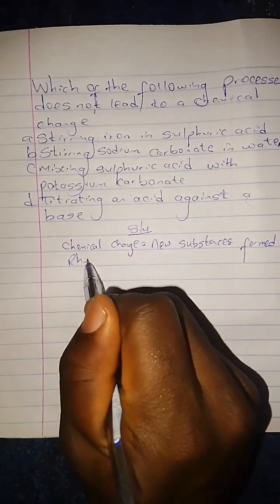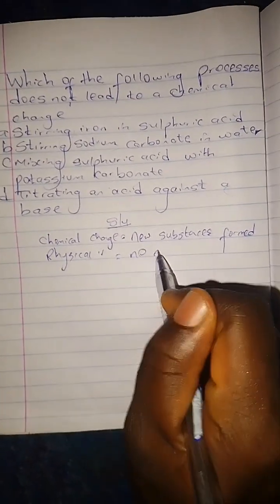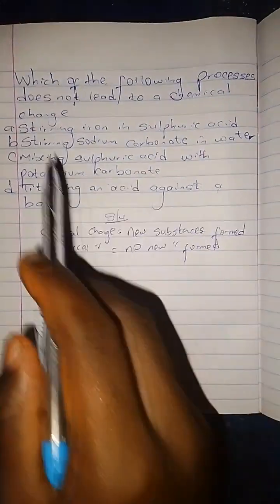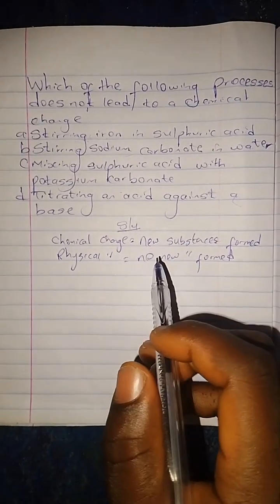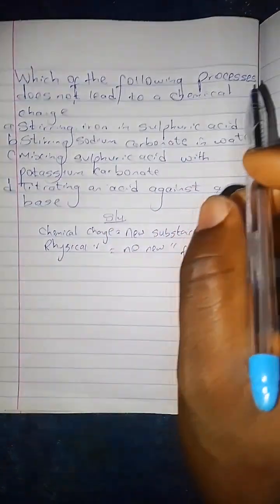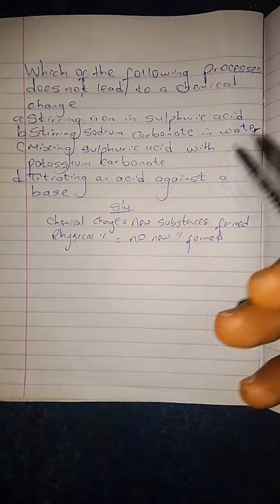While a physical change is the opposite: no new substance formed. So we're going to be analyzing all these options, and the one in which no new substance is formed will be our answer, because the question says which of the following processes does not lead to a chemical change, which is indirectly asking us which leads to a physical change.